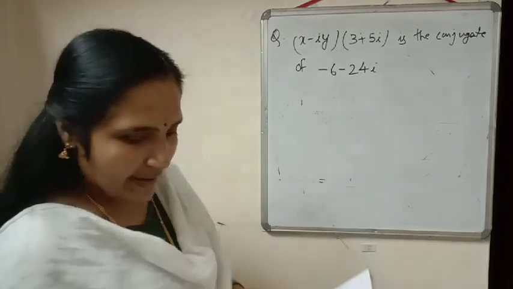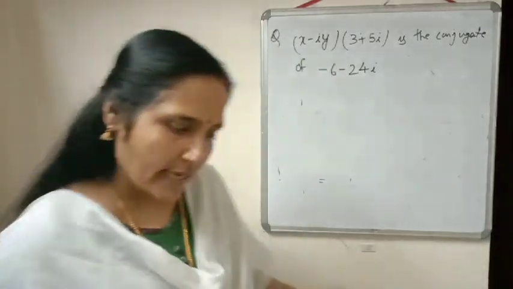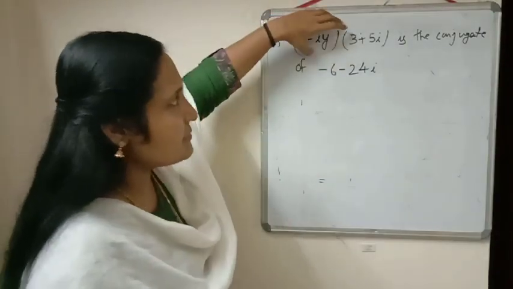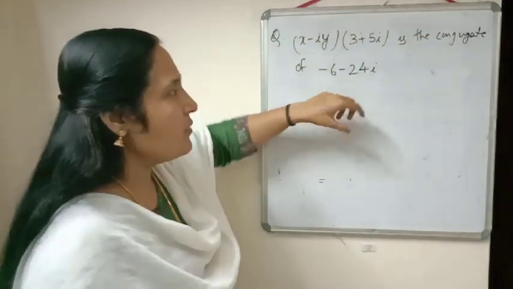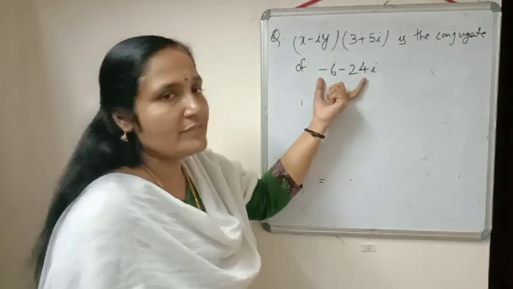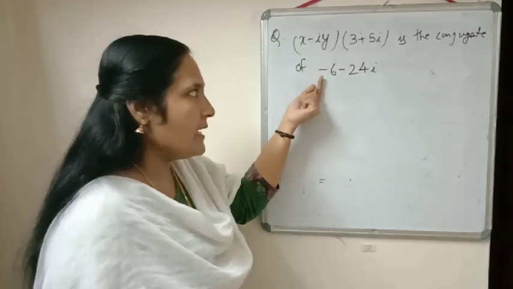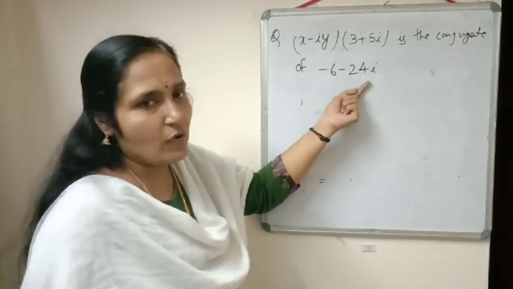Question is, find real numbers x and y if this expression is the conjugate of this number. We know what will be the conjugate of this one? Yes, minus 6 plus 24i.